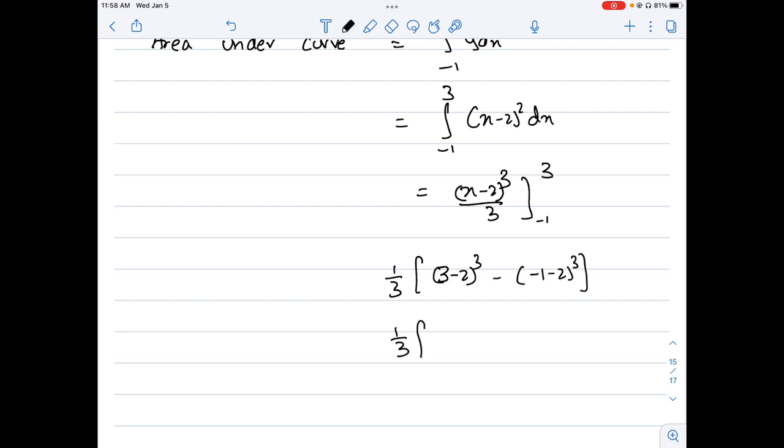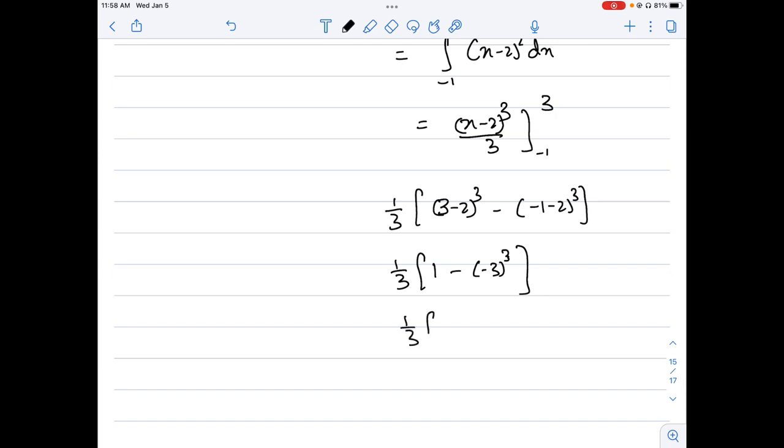So 1 upon 3, 1 minus, it becomes minus 27, or minus 3 whole cube. 1 upon 3, 1 plus 27. So 28 upon 3. So I got the area under the curve as 28 upon 3.